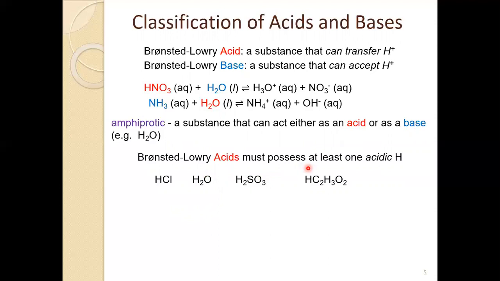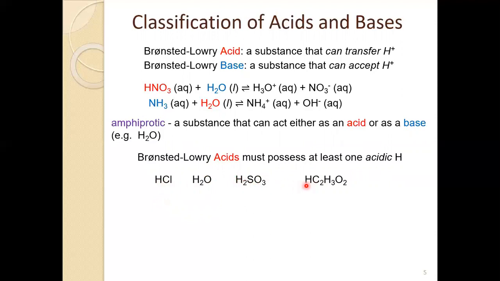By convention, which is not always followed, but at least for our class it will be, if the substance is an acid, then the acidic hydrogen will be listed first as part of the formula. So HCl, this is an acidic hydrogen, listed first. H2SO3 actually has two hydrogens that it's able to lose.